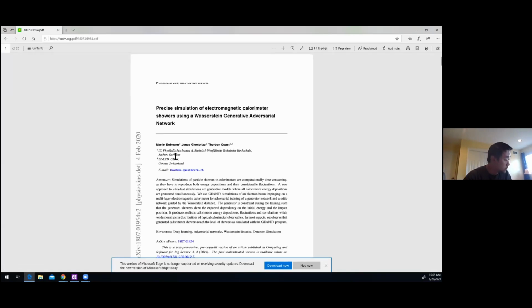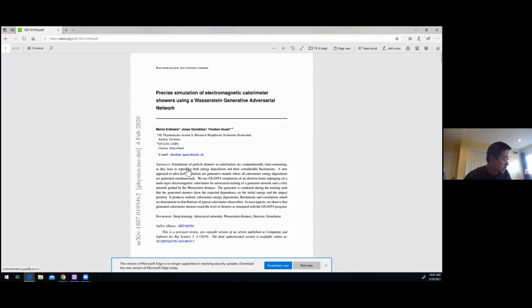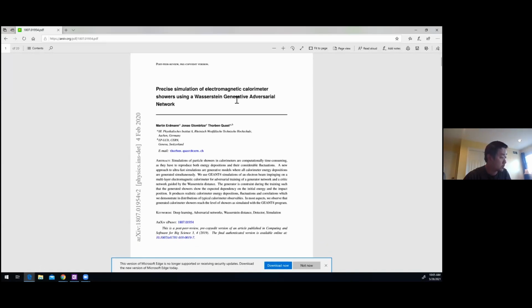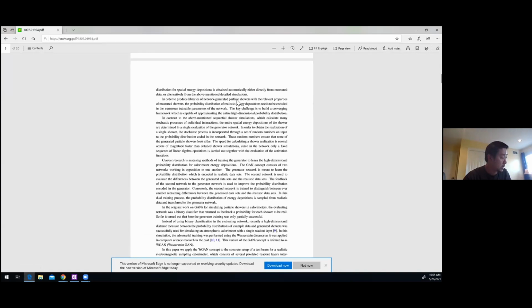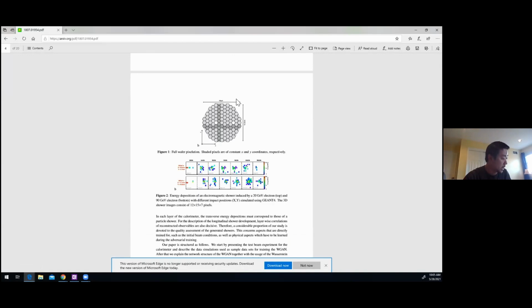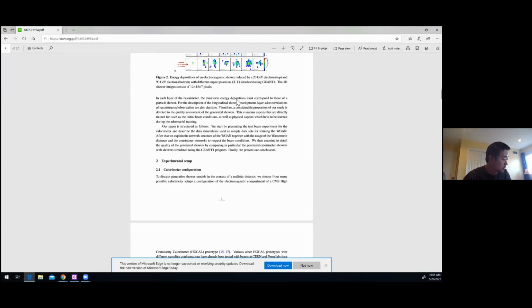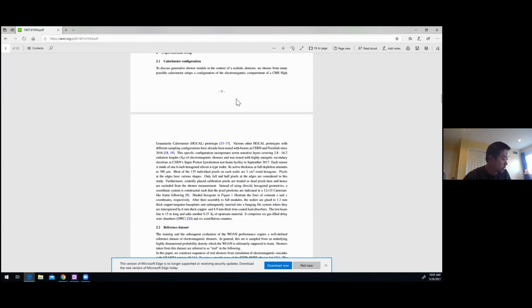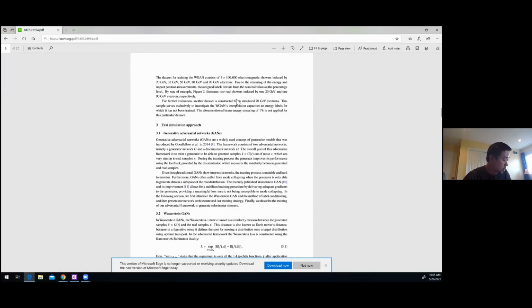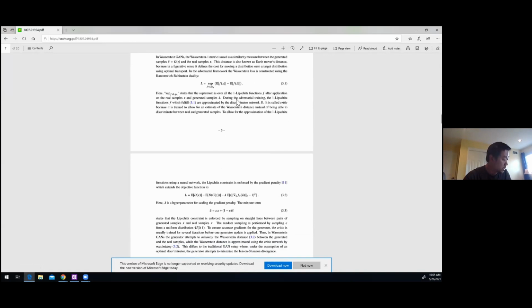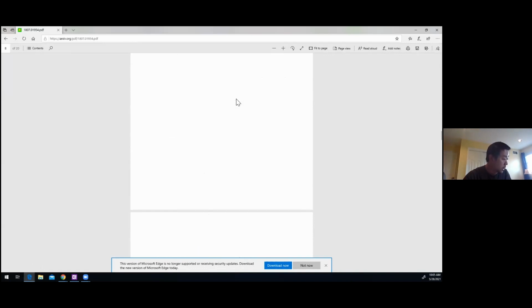So yes, the people in Aachen, I think, were the first to try a WGAN on Geant4 simulations, and they found that it improved the performance a lot. They didn't do exactly the same calorimeter configuration as the CaloGAN people, but the message is clear. With the WGAN, they got much better plots.